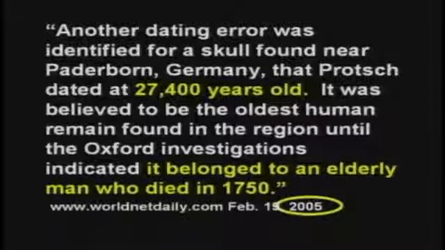Professor Protsch had said he had found the oldest German, the first German to ever move to Germany, 27,400 years old. They tested it at Oxford and said, this is an old man that died in 1750. He's 250 years old. The professor had been lying about this stuff for decades, and so he finally resigned in disgrace. Well, he should, okay?